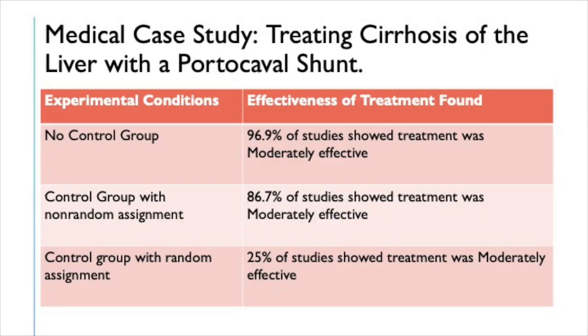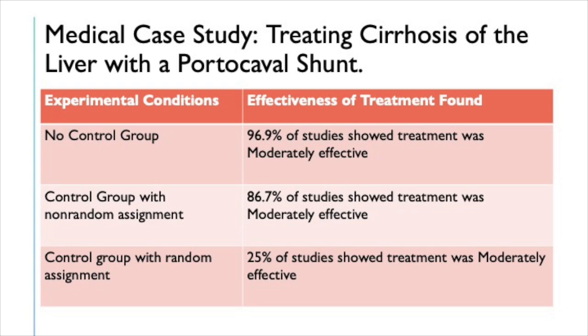Here was a collection of studies that were found without a control group, with an okay control group, and with an actual control group. And the studies were on the effectiveness of the Portocaval shunt to treat cirrhosis of the liver. And then I think this was collected by some psychologists, Nisbet and somebody else, I forget their name.